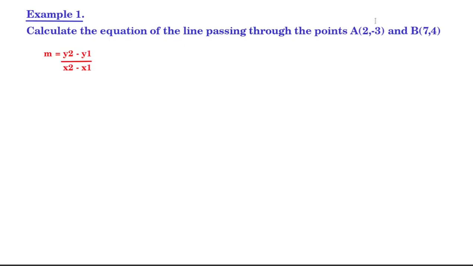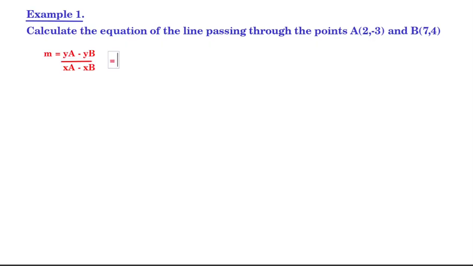Now let's label these points, point A and point B. We can modify this to have ya minus yb over xa minus xb, and this is going to give you the gradient.